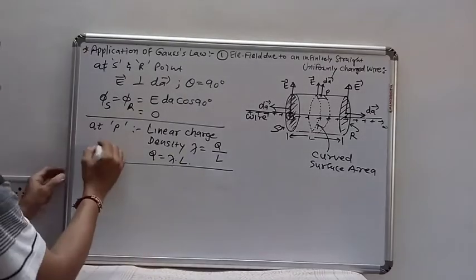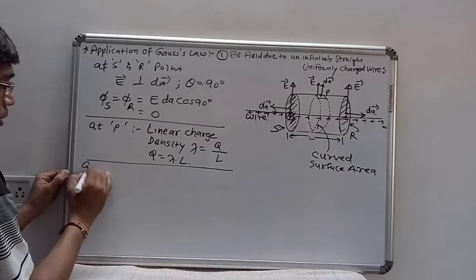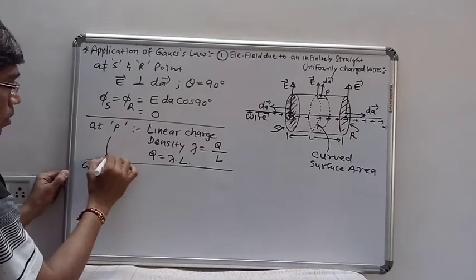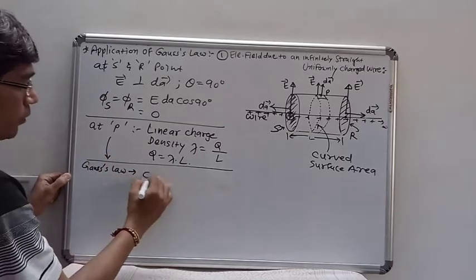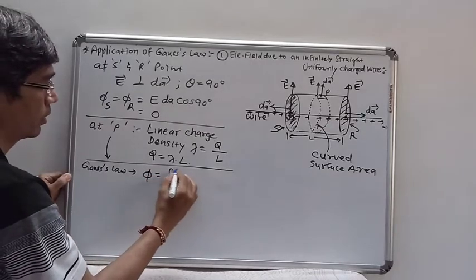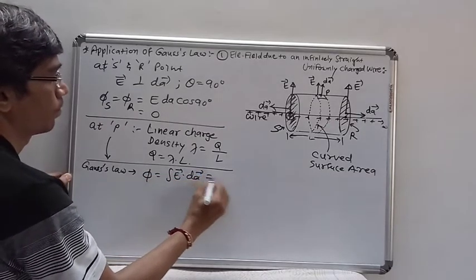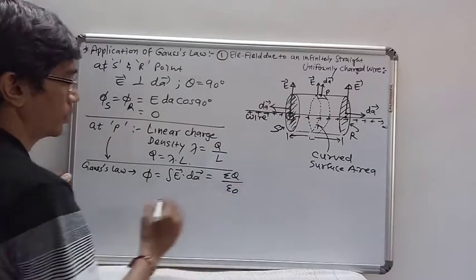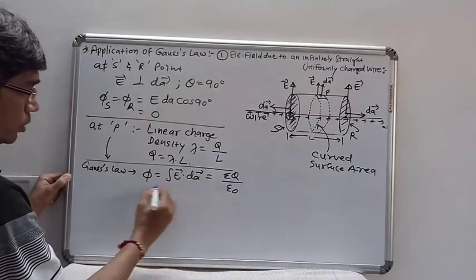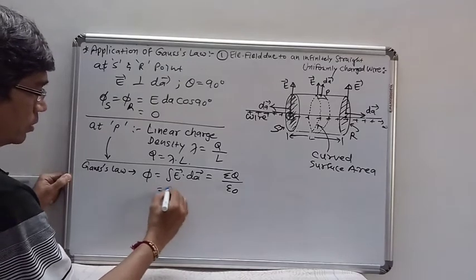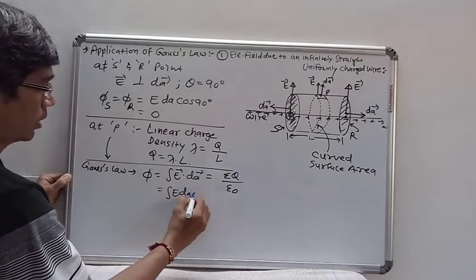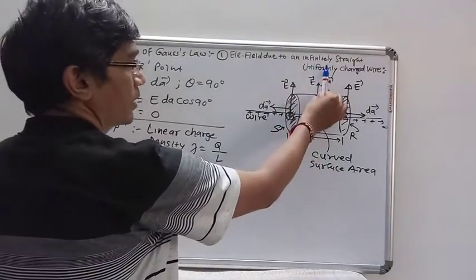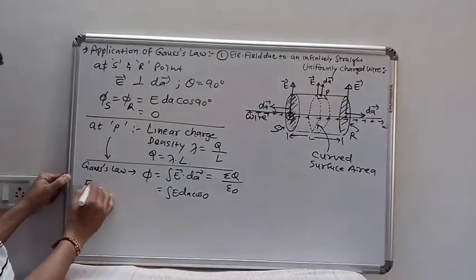So here at the P point we use the Gauss theorem. Flux is equal to the integration of E dot dA, which is equal to sigma Q upon epsilon 0. So it is E dA cos 0, because here the electric field and the surface area are parallel to each other.